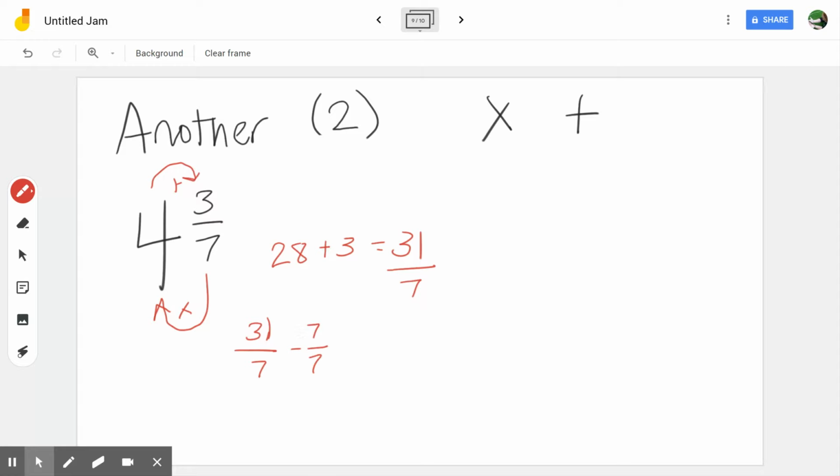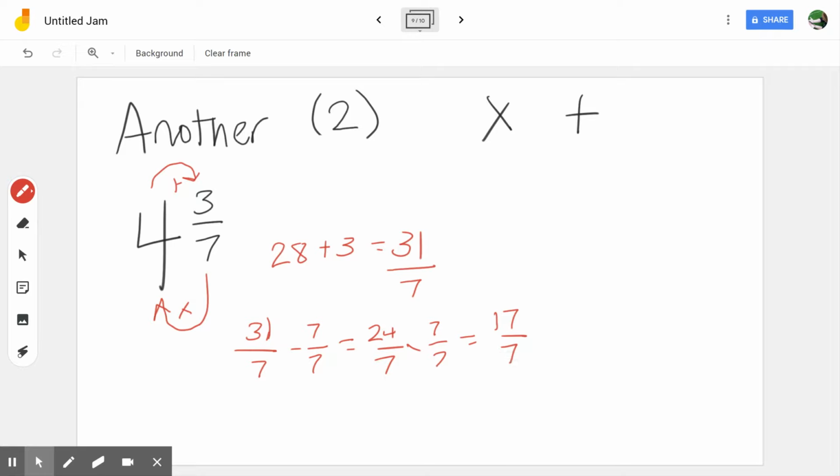Okay? 31 minus 7 would be 24. 24/7. Then we're going to subtract another whole. 24 minus 7 is 17.